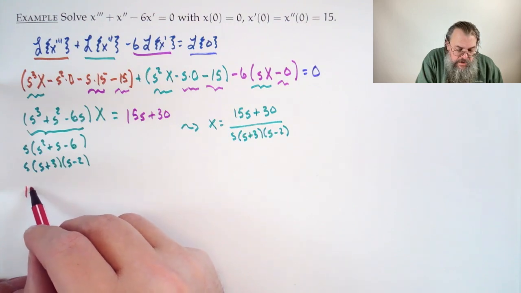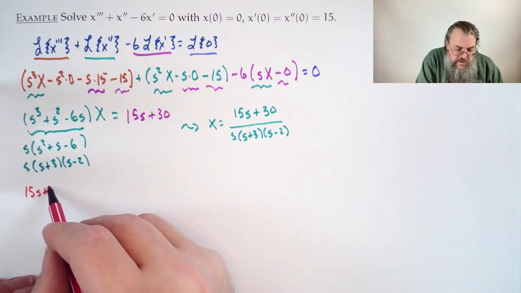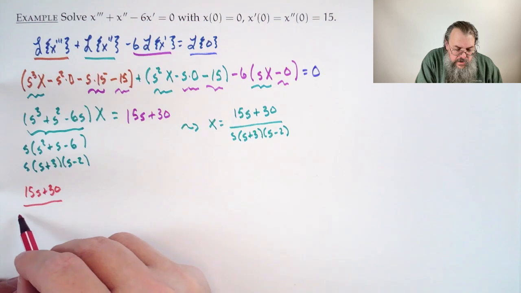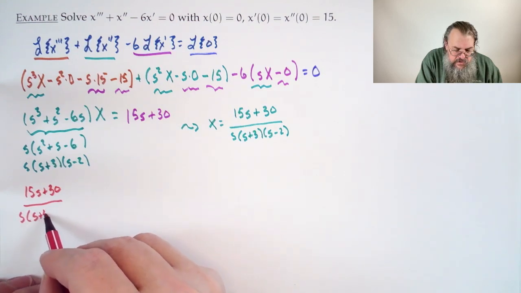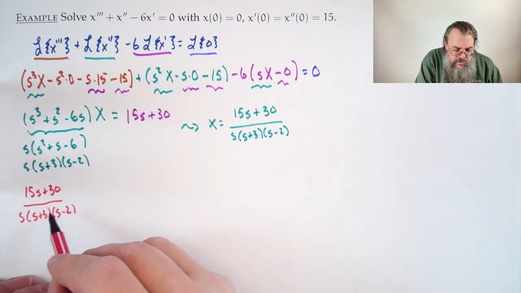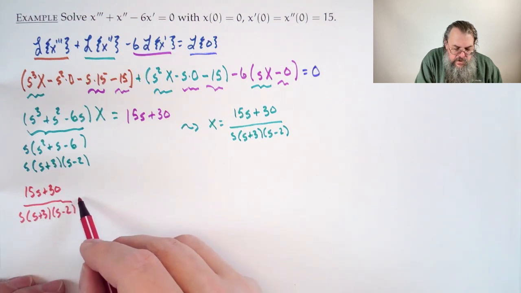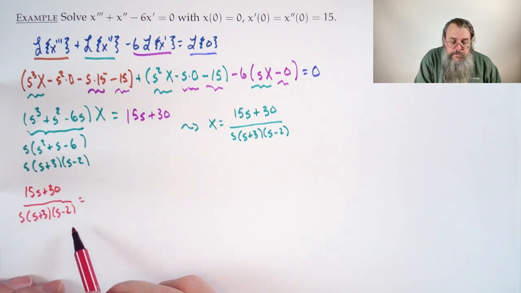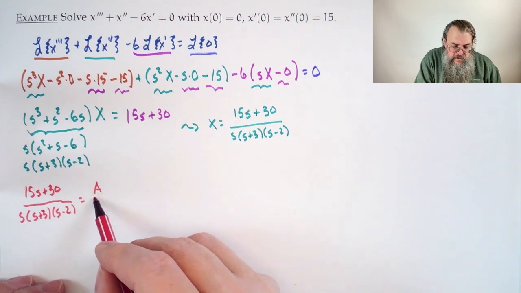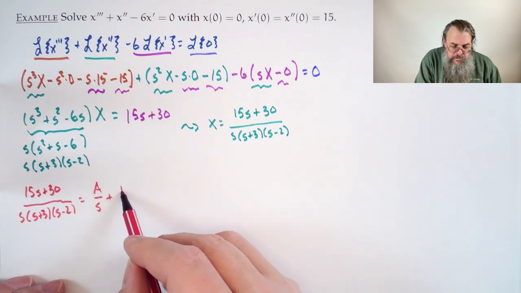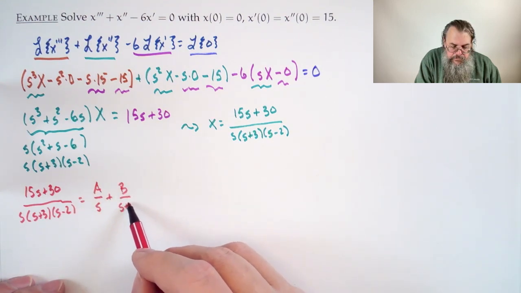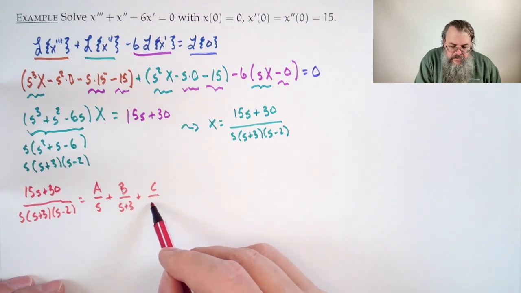So, namely, this 15s plus 30 over s times s plus 3 times s minus 2 is going to look like, well, we have 3 parts. So there's something over s plus something over s plus 3 plus something over s minus 2.